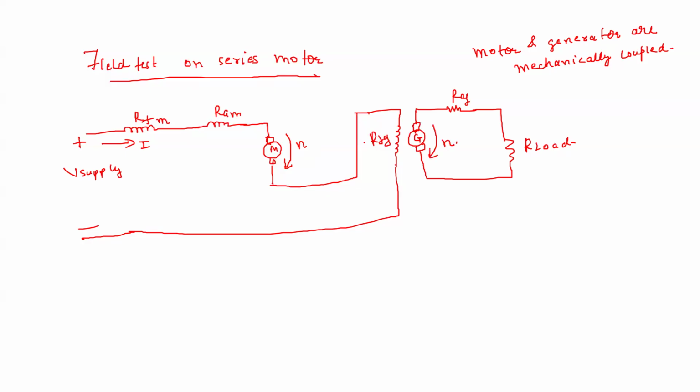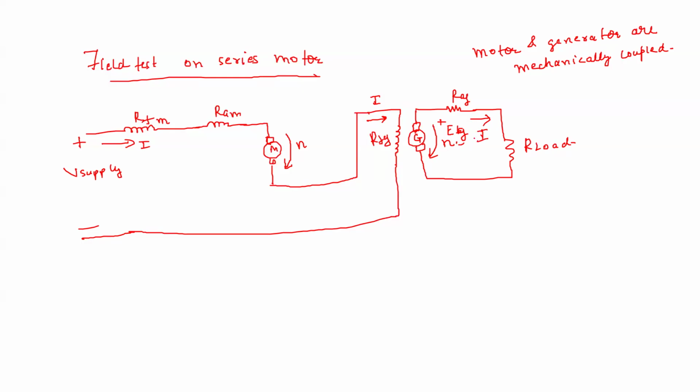Because there is current I flowing in the field of the generator, there is flux and then there is speed. So what happens in the generator? You have a back EMF developed, which is the generator EMF EG. Because of this EG, there is some current I flowing in the load.